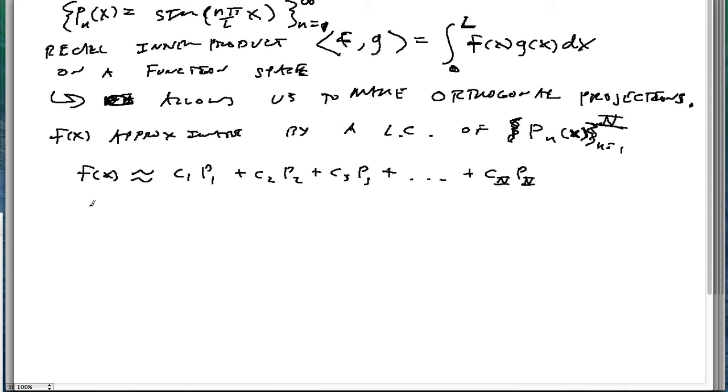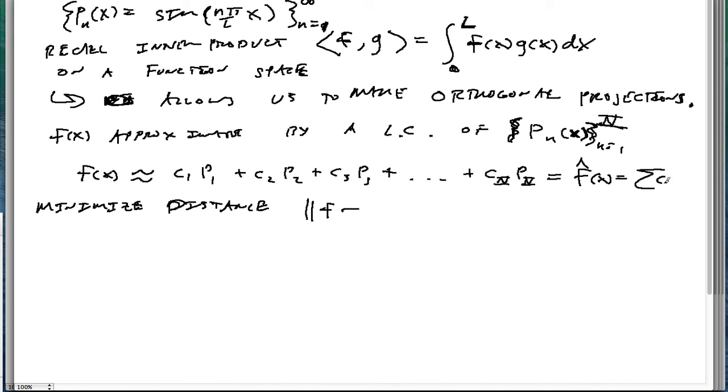All right, so we know that if we can minimize the difference, or the distance, between f and this linear combination, which I'll call f hat(x), and I can also write as the sum of c_i P_i, i equals 1 all the way to capital N. F hat is our estimate, or our approximation.